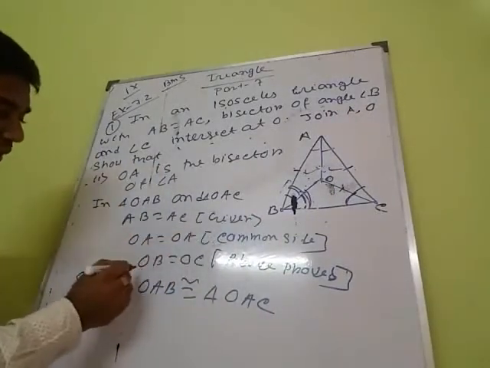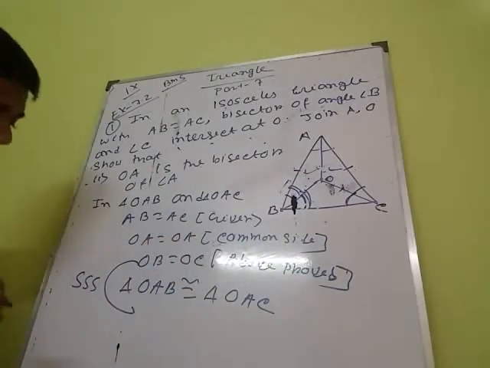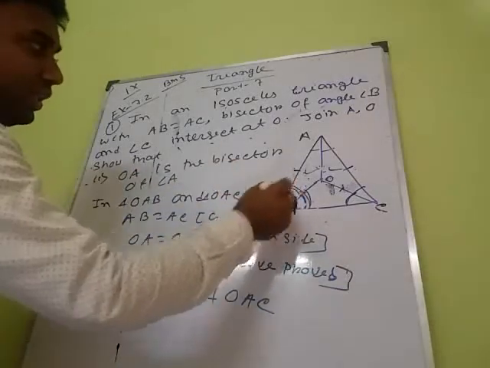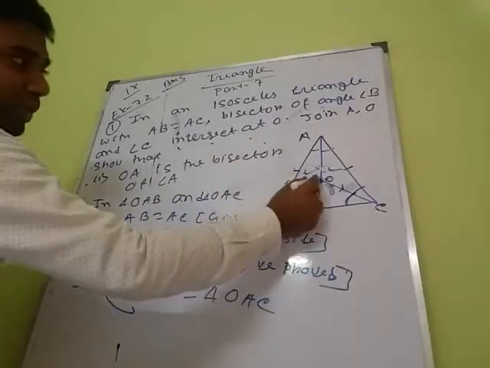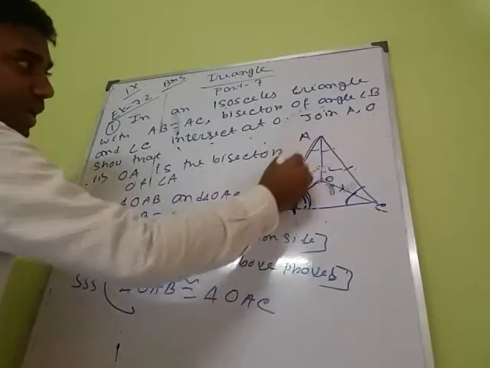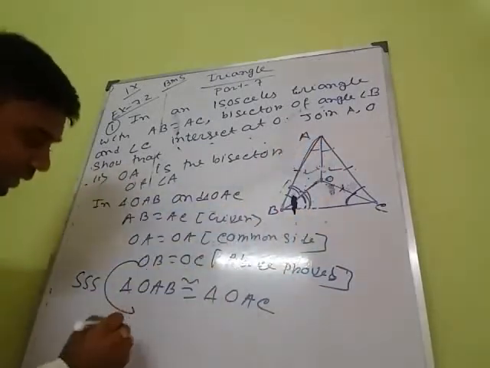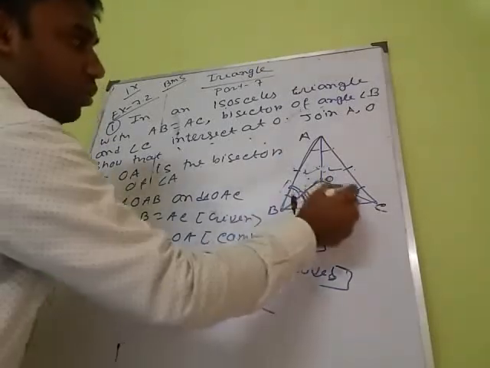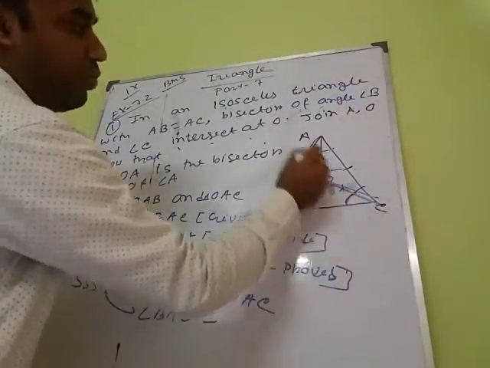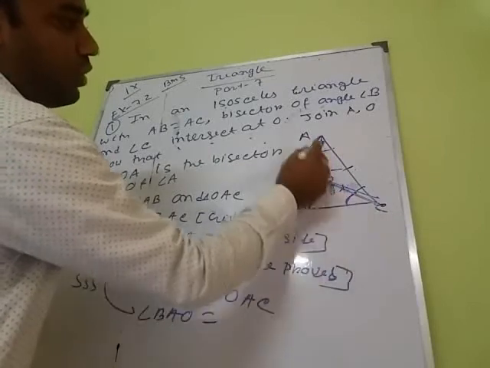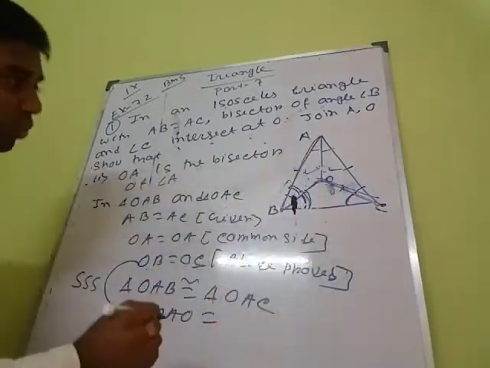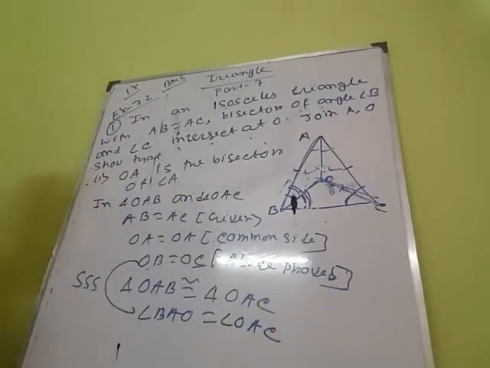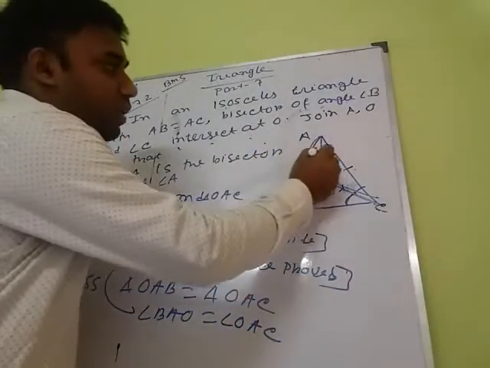Now, by CPCT, the angle opposite OB in triangle OAB, that is angle BAO, and the angle opposite OC in triangle OAC, that is angle OAC, are equal. So these two are equal.